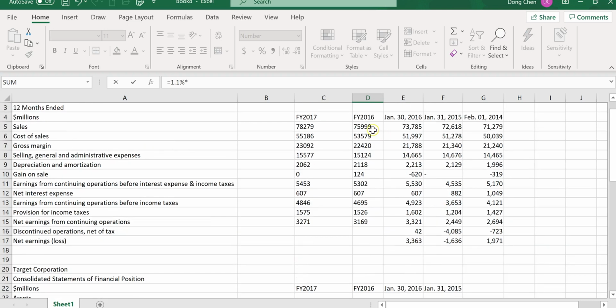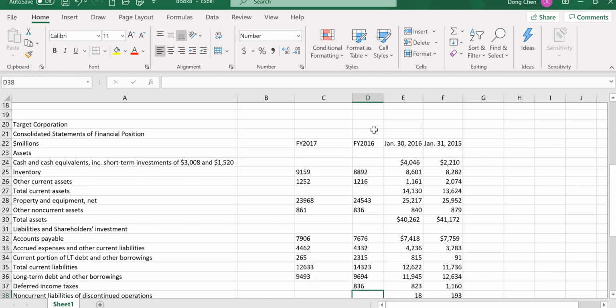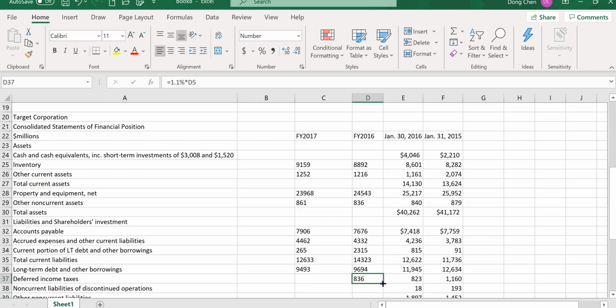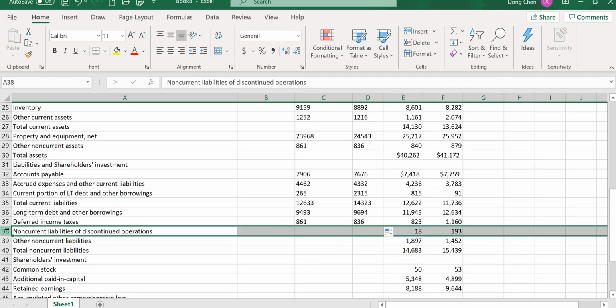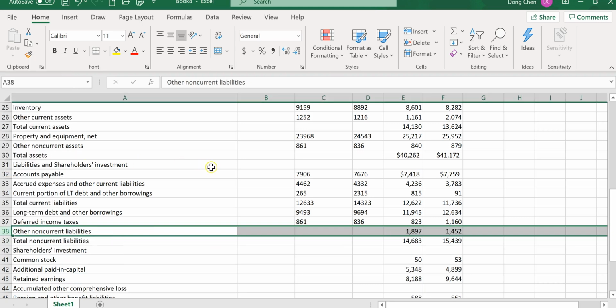So times the forecasted sales, and then pull the sale to the other year. And non-current liabilities of discontinued operations, this also is not relevant, I believe.